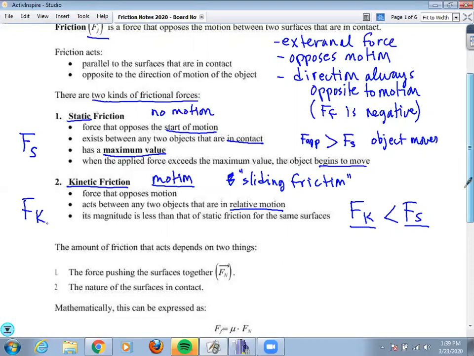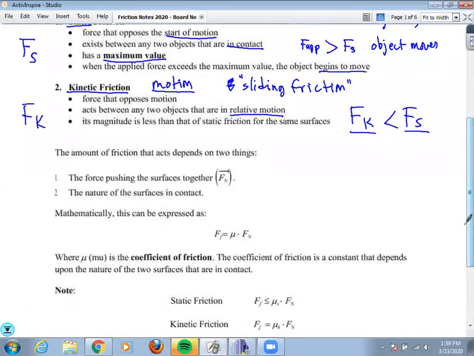So how do we get the value of friction? The amount of friction depends on two things. Number one, the force that pushes the surfaces together, and that's the normal force. What typically pushes an object into a surface is the force of gravity. We learned in grade 11 physics that the normal force is the reaction force, Newton's third law.